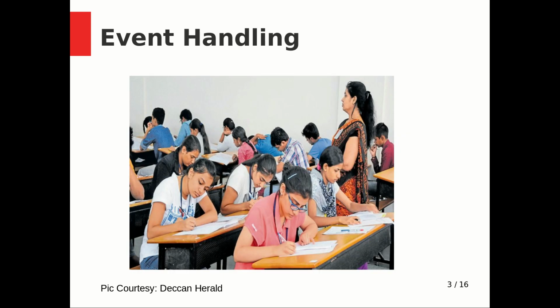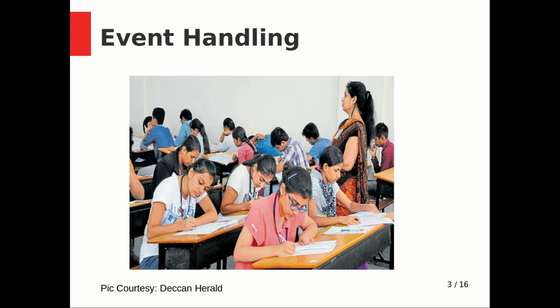This is another example of the event handling mechanism. We have an event called exam, and there are students and there is an instructor. The students are writing the exam and the invigilator, or the instructor, is monitoring the exam. These two people, students and invigilator, have been waiting for that event to occur and have been notified about it, and both of them are participating in the event, but in two different ways.